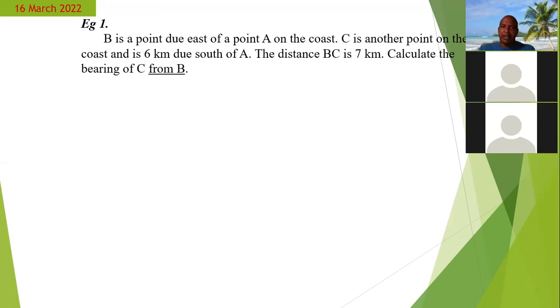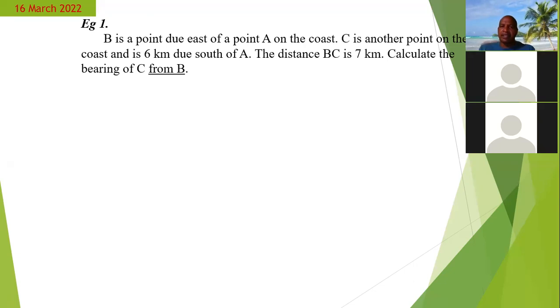B is a point due east of a point A on the coast. Now C is another point on the coast and it is 6 kilometers due south of A. All right.